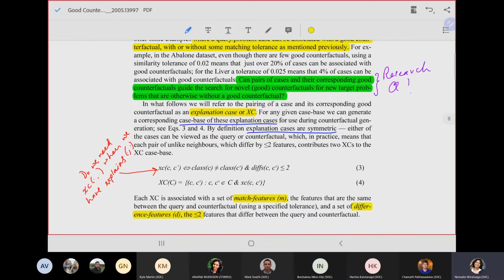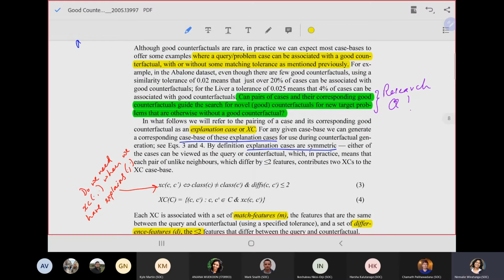Right, so what is equation 3? For any given case base, we can generate a corresponding case base of these explanation cases for use during counterfactual generation. See equations 3 and 4.